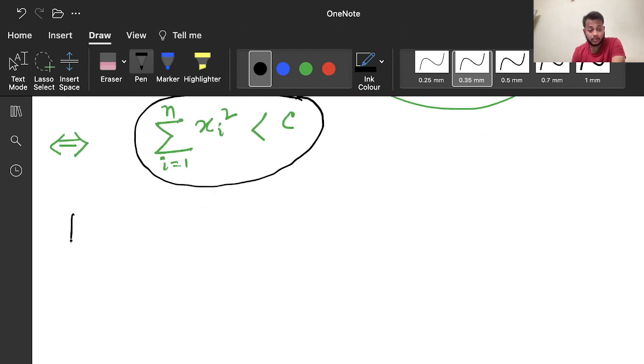So then what will be my type 1 error under the hypothesis H0?